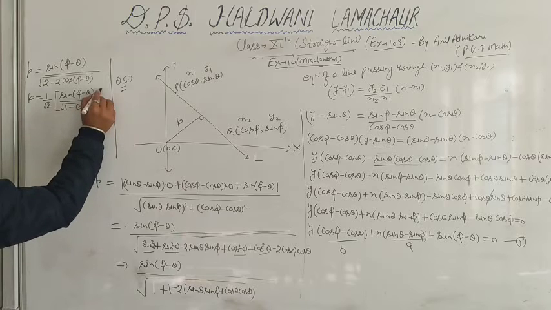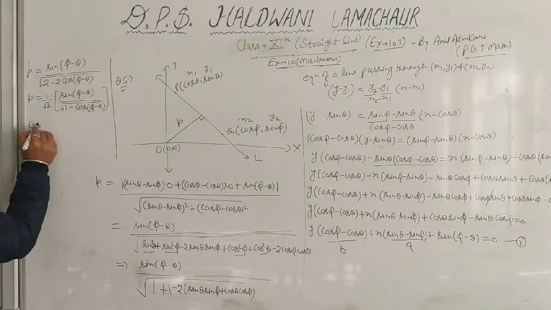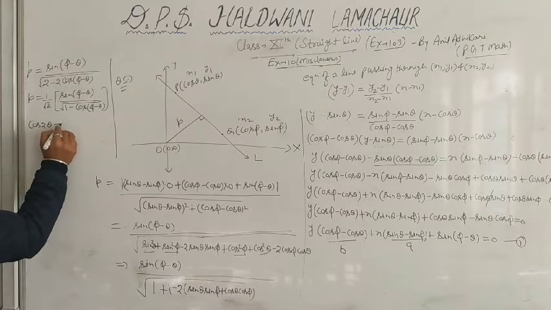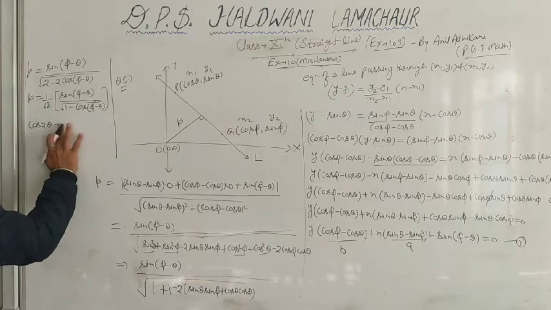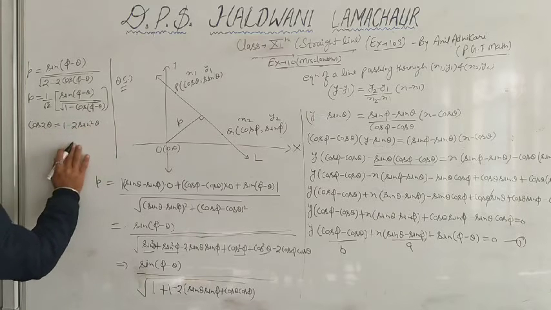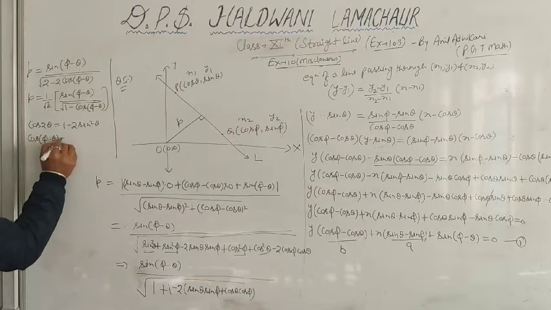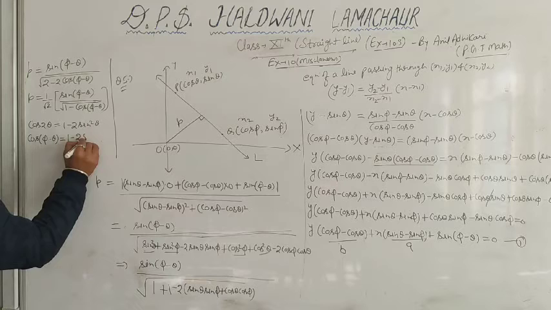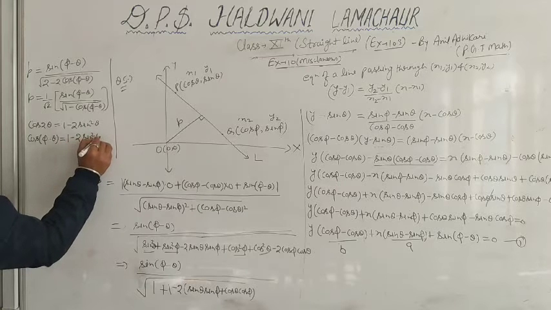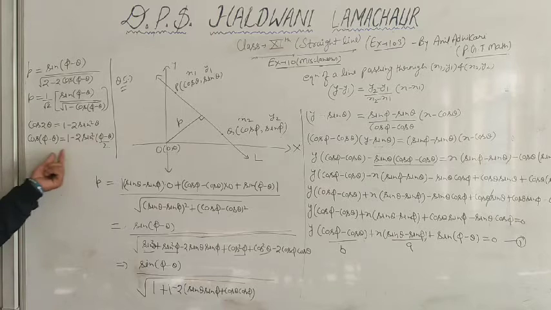Okay, now you can take the help of the formula of cos 2 theta. What is the formula for cos 2 theta? 1 minus 2 times sin square theta. So similarly we can break cos phi minus theta as 1 minus 2 times sin square phi minus theta upon 2, because the angle becomes half.